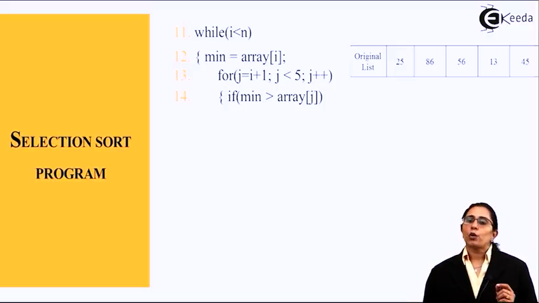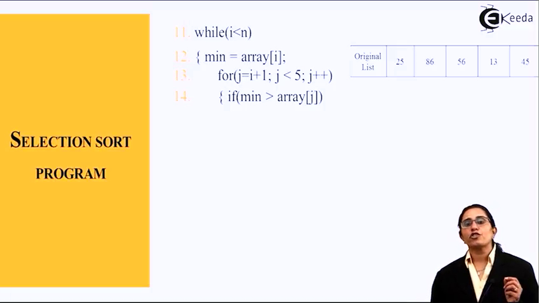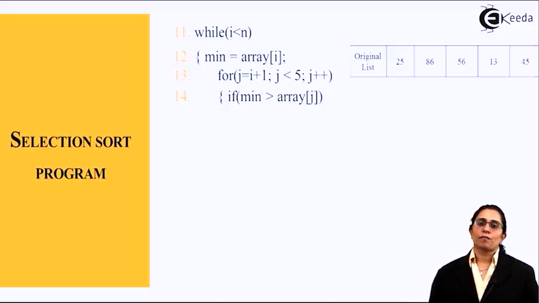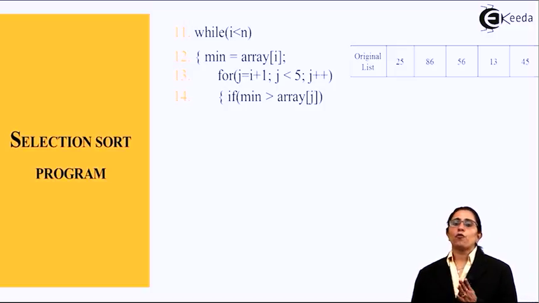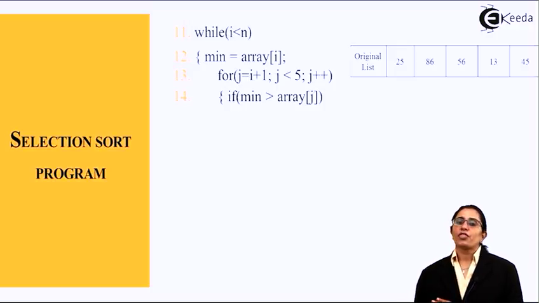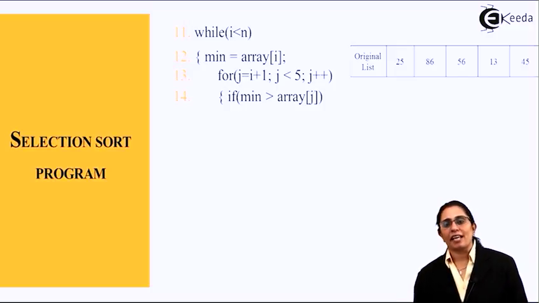We compare 25 with 86, but 25 is not greater than 86. So we increment the value of j and it goes now to 56. But 25 again is not greater than 56, so here again there is no swapping that takes place.